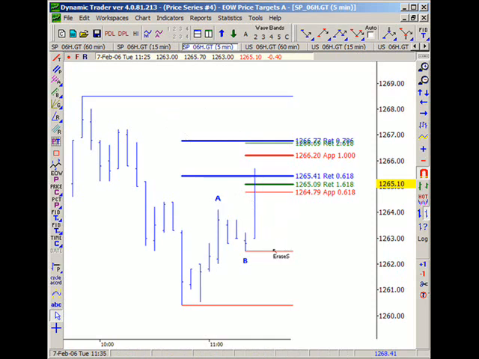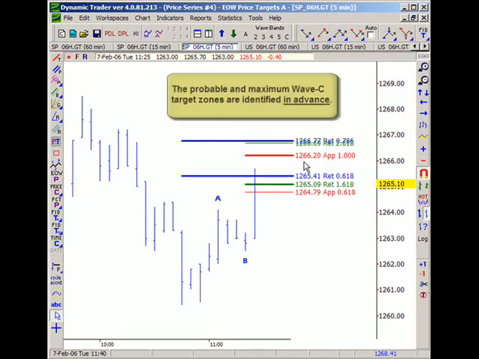So we have a high probability of the end of wave C being made right around where the market is now, about 1264.75 to 1265.50, with a maximum probability of around 1266.